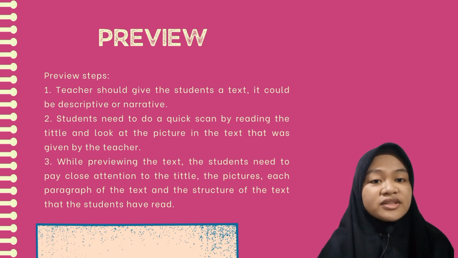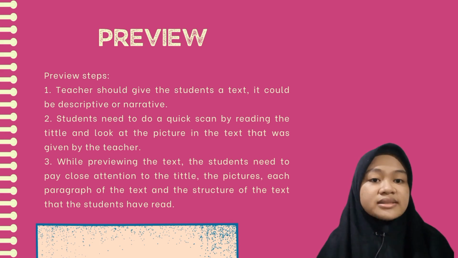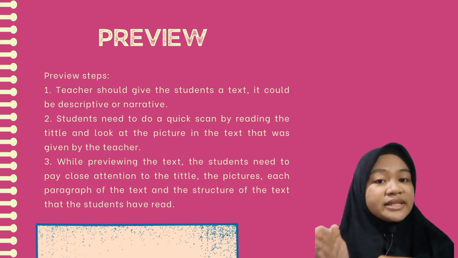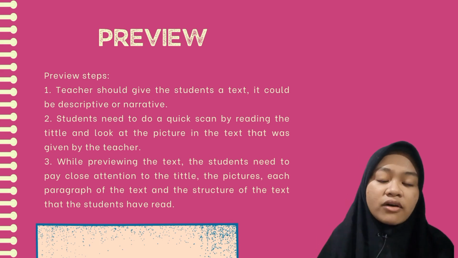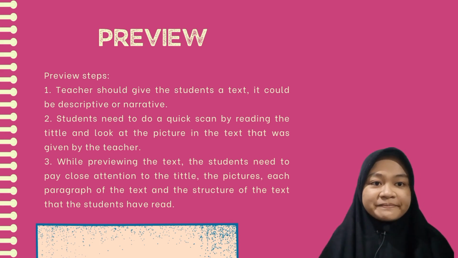Next, students need to do a quick scan by reading the title and looking at the picture of the text that was given by the teacher. The last is, while previewing the text, the students need to pay close attention to the title, the pictures, and each paragraph of the text and the structure of the text that have been read.